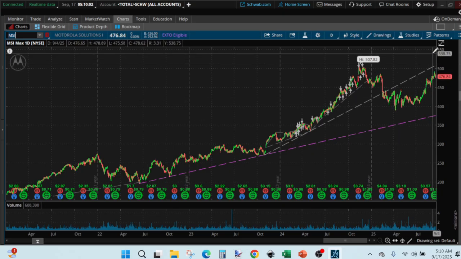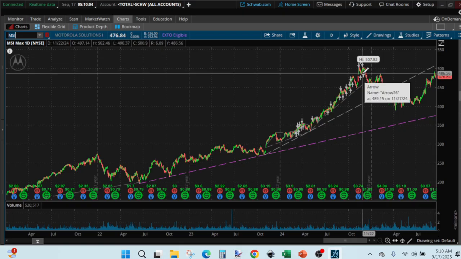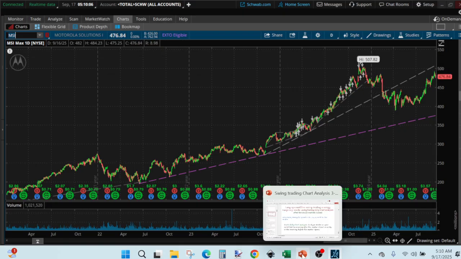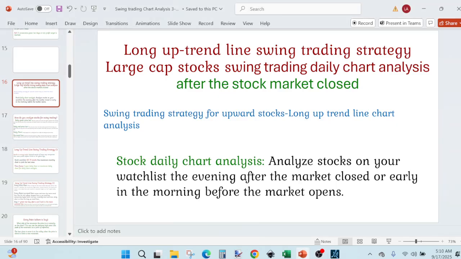I'm not sure. I'm just going to keep observing it. So that is how we analyze our upward large cap stocks, using long up to long chart analysis.